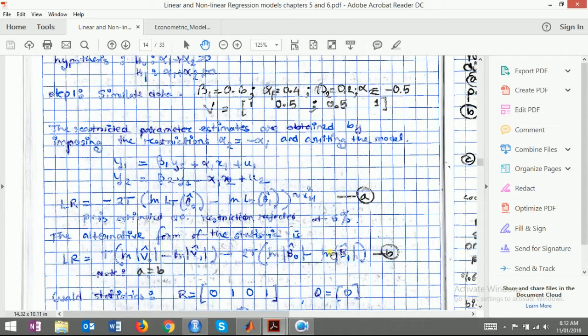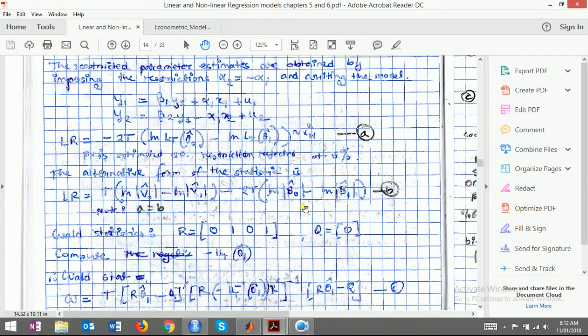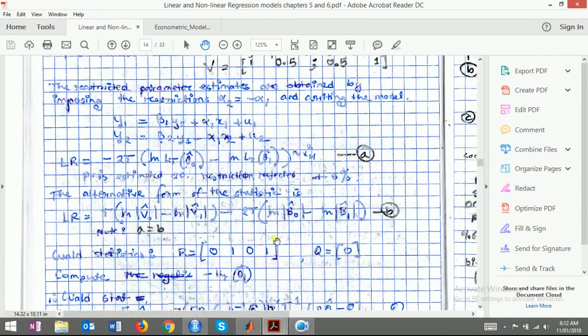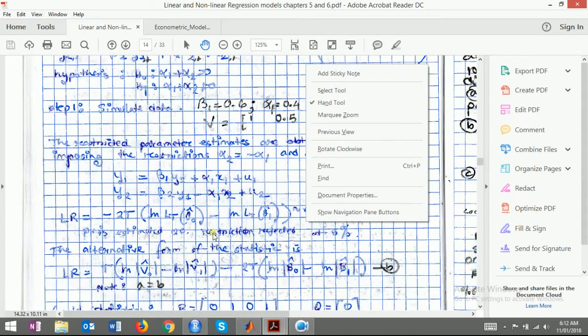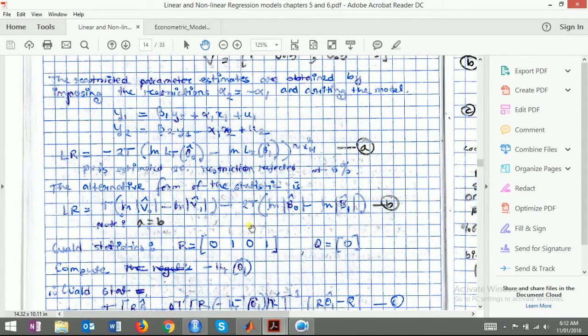Notably, a equals b. So the Wald statistic on the other hand is 0 1 0 1. How are we getting 0 1 0 1? Where are we getting 1? Very simple.